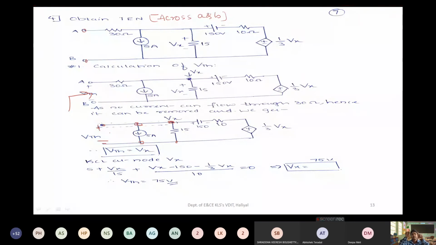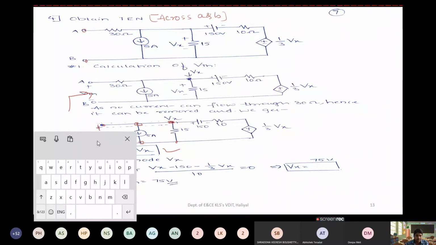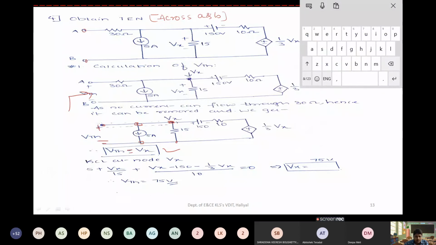This is VTH and this is VX. Both are parallel, so you can write VTH is equal to VX. Is that clear now? By observation, this is the common line. The voltage drop will be the same, but the labels are different, right?